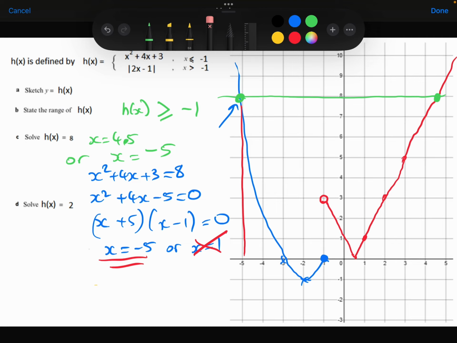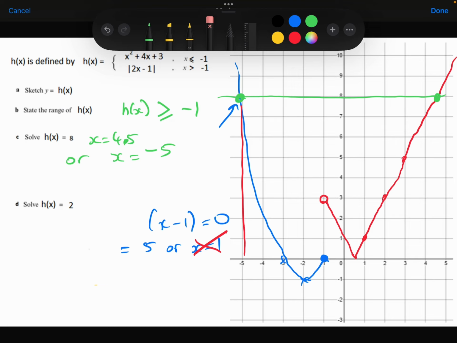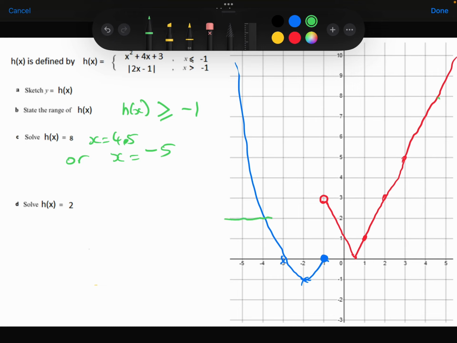And then for part D, solve h of x is equal to 2. So just clearing a bit of space here, and then we'll do, let's put 2 onto our graph, and we'll find where h of x equals that. So now I'm expecting 3 different solutions. Let's deal with the quadratic one first. So x squared plus 4x plus 3 is equal to 2.